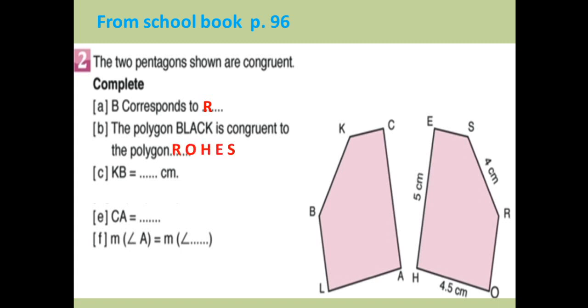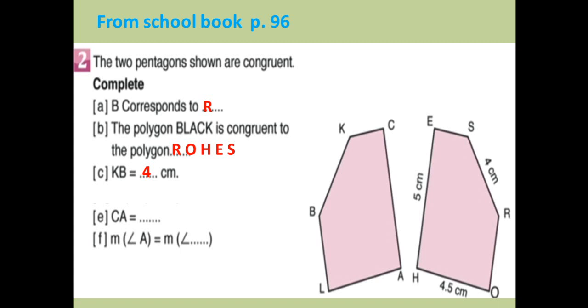It will be ROHES. So KB equals how many centimeters? He wants the length in centimeters. It will be 4, like SR. CA, its corresponding side is EH.